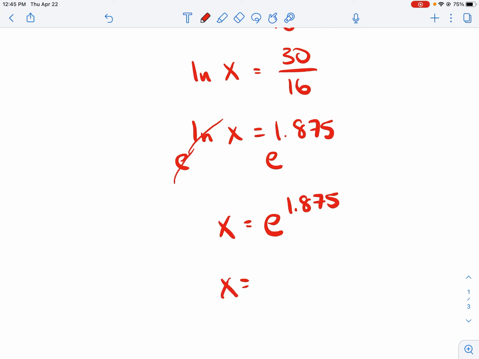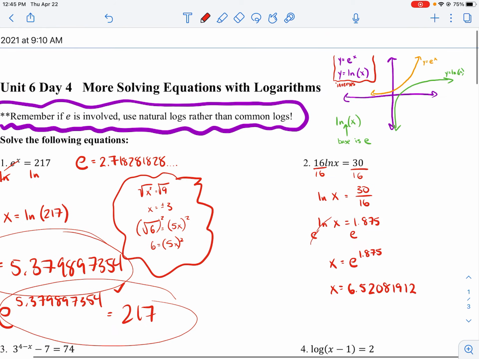And we actually have that number. So e raised to that number is 6.52081912. Okay?